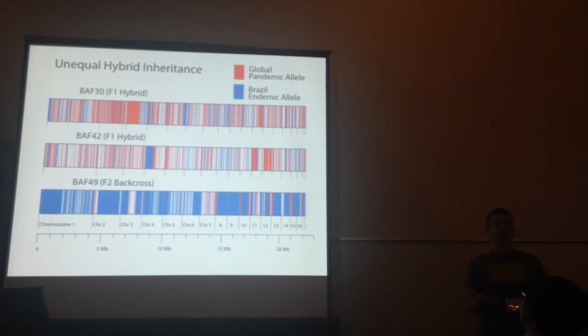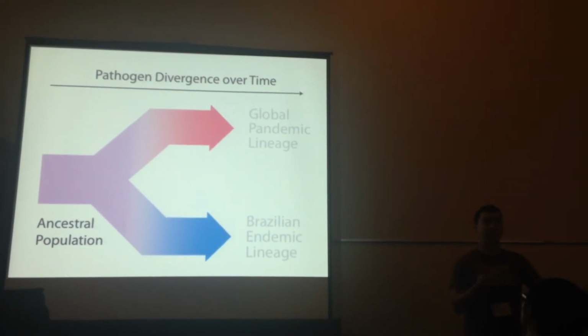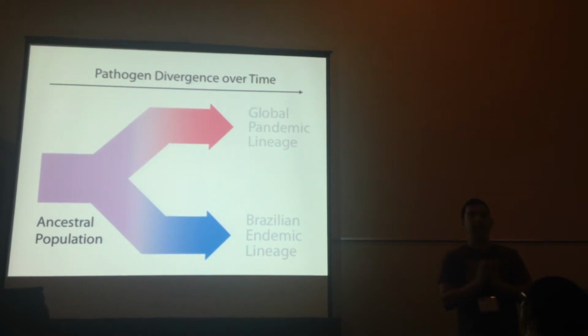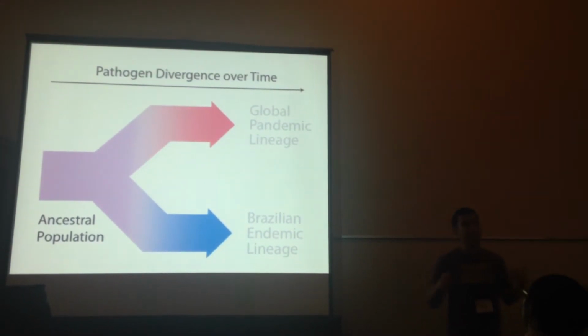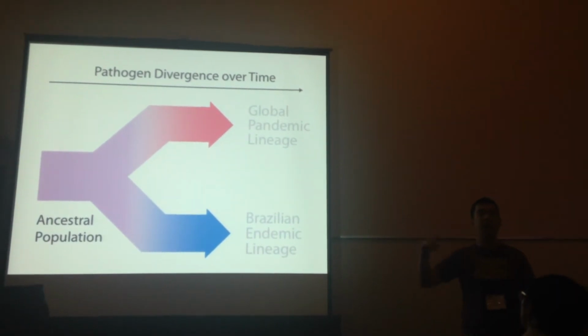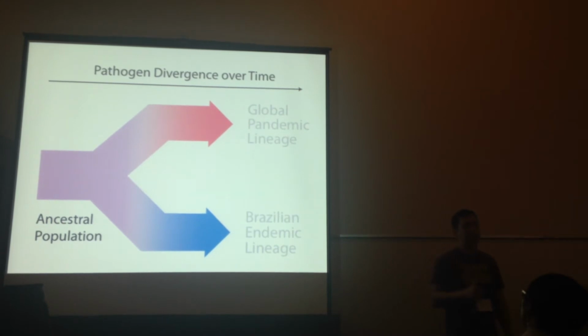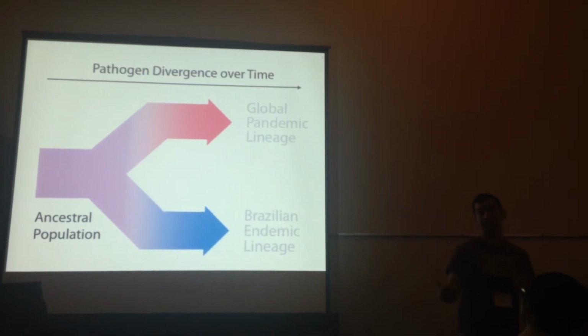this is significant because we actually know very little about the process by which eukaryotic pathogens diverge and locally adapt in allopatry. And we believe that at least some of those loci I showed you that were unequally inherited from one parent or another were inherited in that pattern due to incompatibilities that arose through this divergence process.